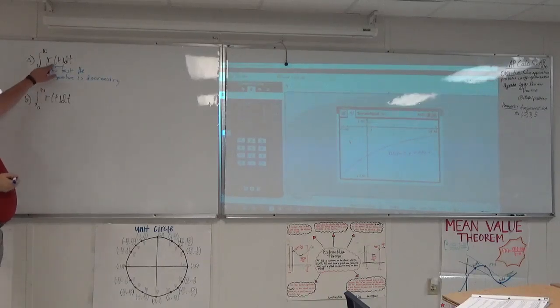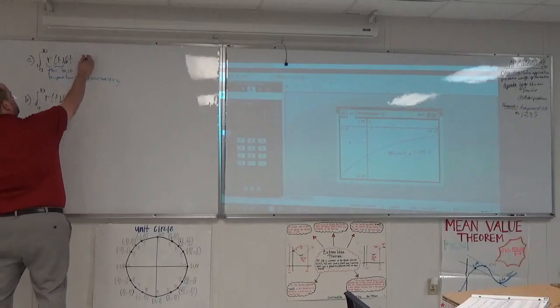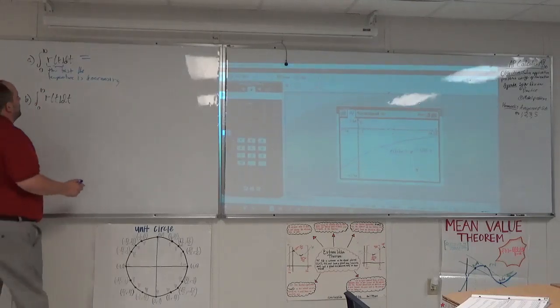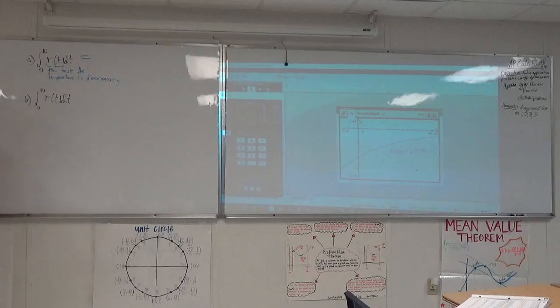Okay, so if R of t is how fast the temperature is decreasing, then what's going to have to happen with this integral? What's going to be the meaning of this definite integral, Lewis? Is it the amount, you know what I mean? R of t is how fast the temperature is decreasing.